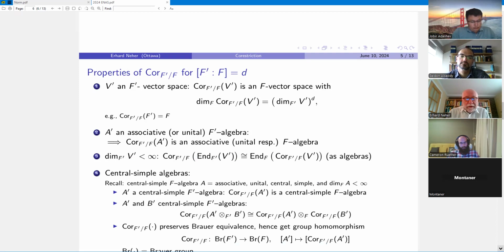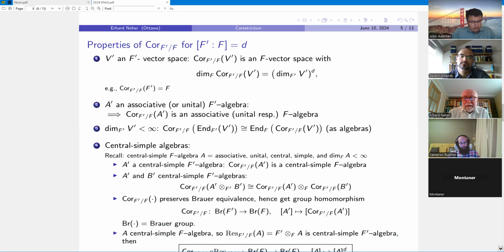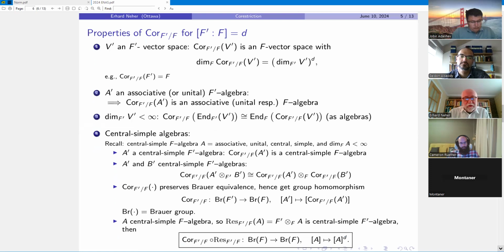Now, a very nice property of the corestriction is the following. You can start over F, take a central simple F algebra A, move up to F prime by taking the tensor product with F prime.